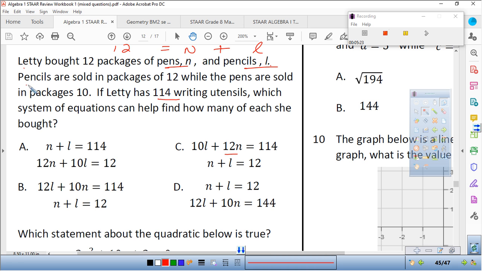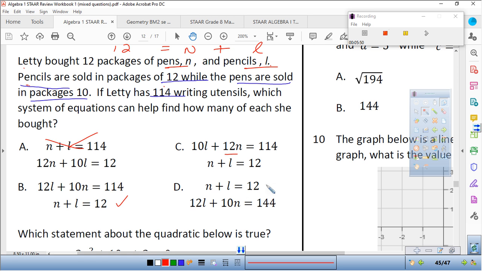So pencils are sold in 12, pencils L, pencils 12, and pens are sold in 10, and a total of 114. So we got to look at those two things together. We're going to look for that, the red part, N plus L equals 12.